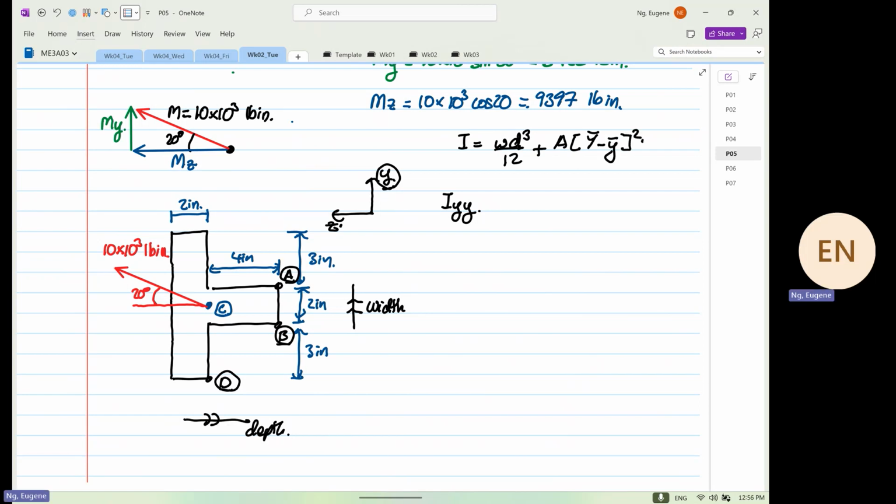That's the formula to apply. Okay. So along the YY axis, where is the centroid? We cannot determine based on observation, can we? Right? So for Iyy, you have to determine the what? Geometric centroid.